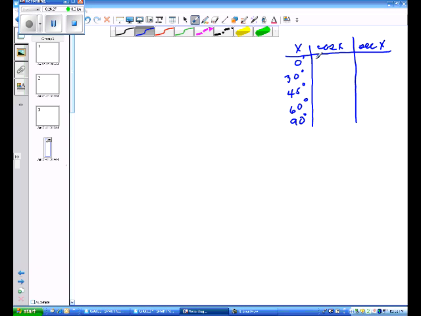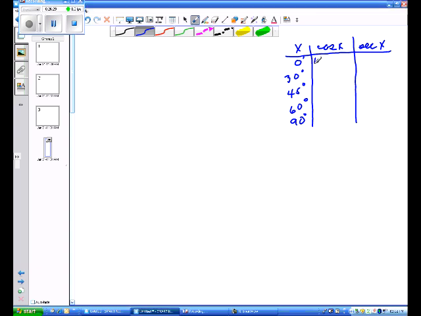We know that the cosine of 0 is 1. The cosine of 30 is square root of 3 over 2. The cosine of 45 is the square root of 2 over 2. The cosine of 60 is 1/2. And the cosine of 90 is 0.